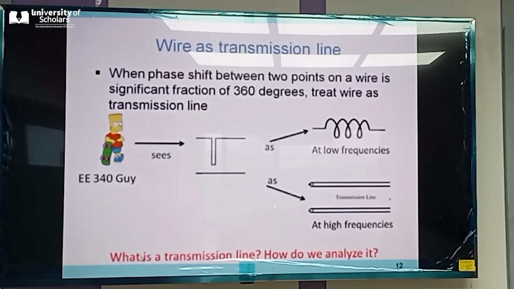Now, you might ask: so far we have talked about circuits and electromagnetic theory, and we said that there are situations where circuit theory does not give you correct answers, whereas electromagnetic theory will give you correct predictions. So why should we bother about this electromagnetic phenomenon?